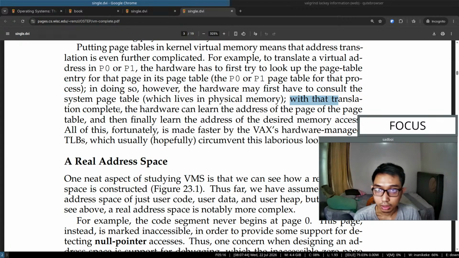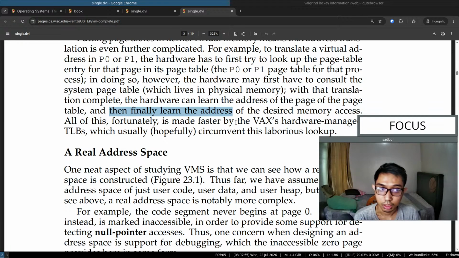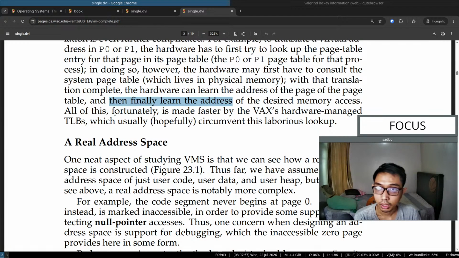With the translation complete, the hardware can learn the address of the page table and then finally learn the address of the desired memory access. All of this fortunately is made faster by the VAX hardware-managed TLB, the translation lookaside buffer, which usually, or hopefully, circumvents this laborious lookup.